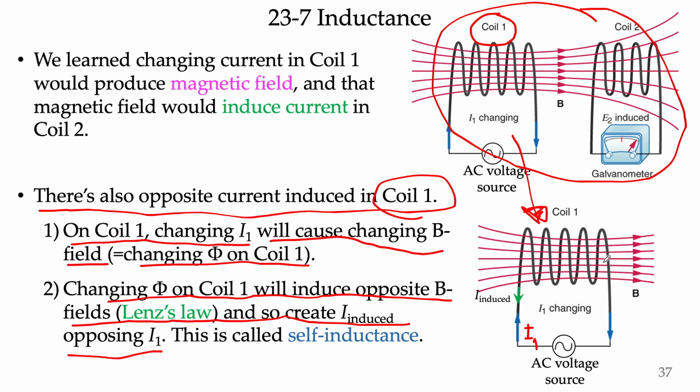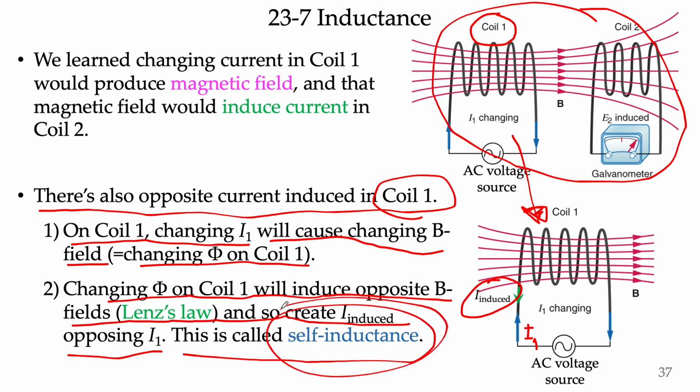But those changing magnetic fields cause changing flux, and this coil will try to oppose it and create its own magnetic field to oppose it. To be able to create opposing magnetic fields, it needs to create some current. And this is called self-inductance. Okay, self-inductance is basically the current induced in the wire itself.